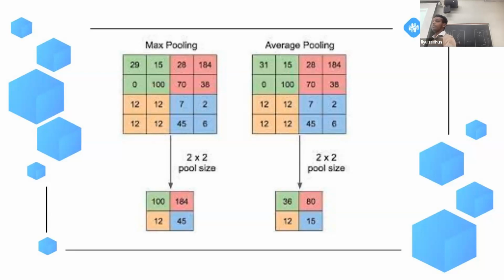Yep. Why is the maximum significant compared to the average? That's a really good question. It matters what case you're using it in specifically. But for example, one case, if you want to extract a specific feature from an image, rather than taking the average of that image and taking in all the noise, you just want the most important pixel that's popping out of the image.